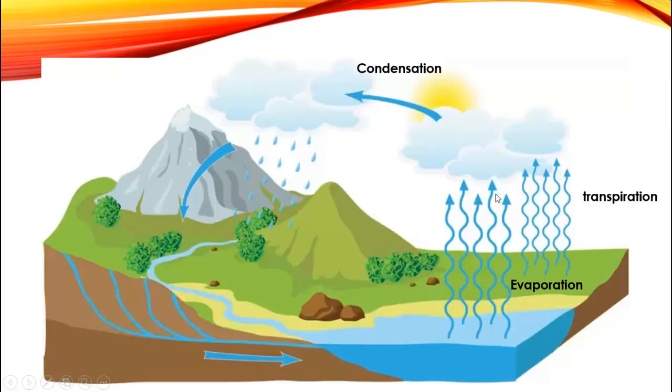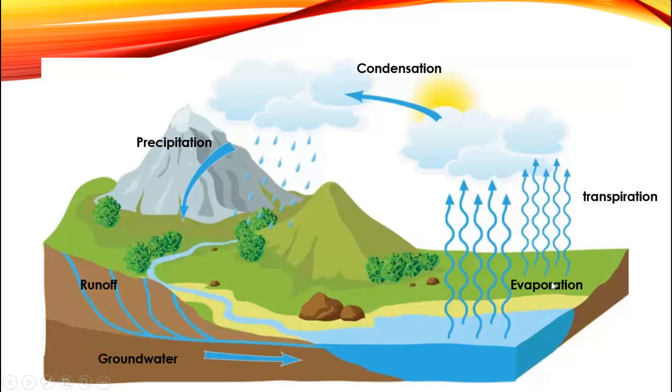Then this water vapor condenses to form the clouds, the condensation process, and after that these clouds become heavy and make the precipitation process, and the water from precipitation will run off or go underground, and this is our water cycle.